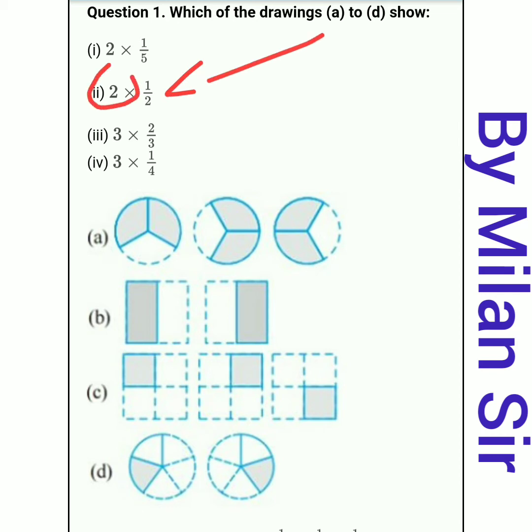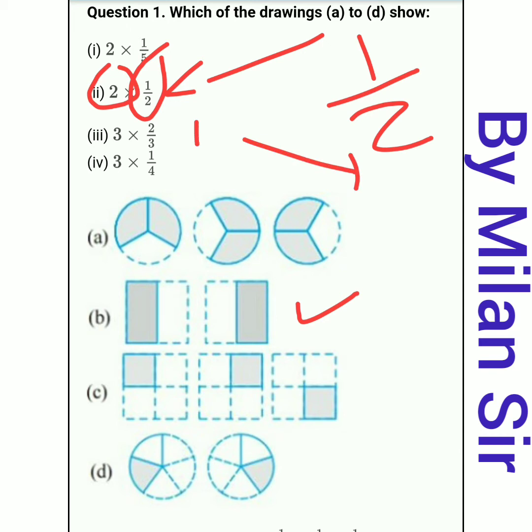Then the second question. Again the integer part is 2, so the total number of figures is 2. Right now it is only present in option B. Then 1 by 2 means total parts 2, and out of that 1 part is shaded. The denominator shows the total number of parts and the numerator shows the shaded part.